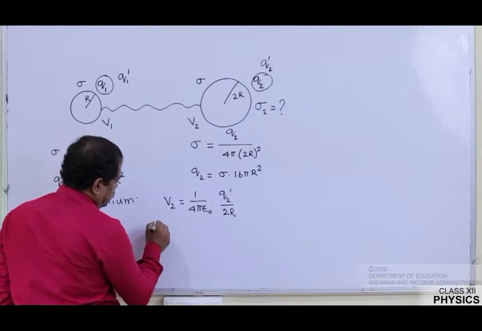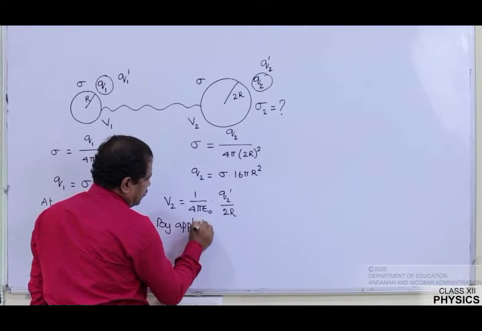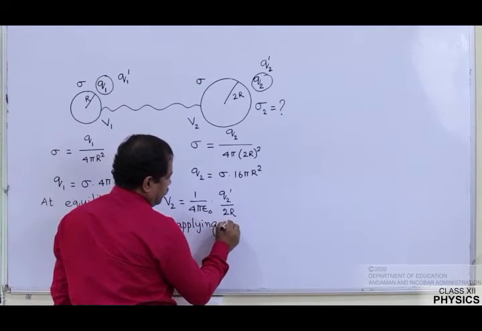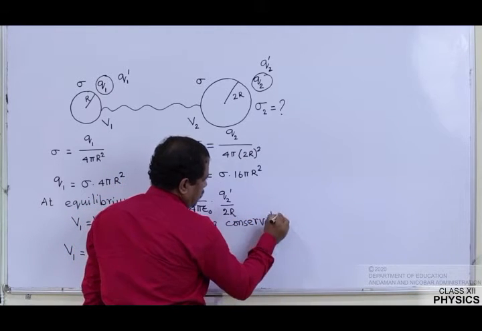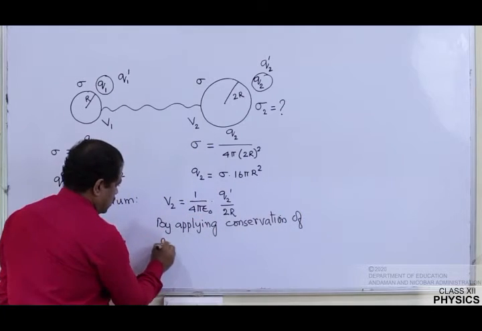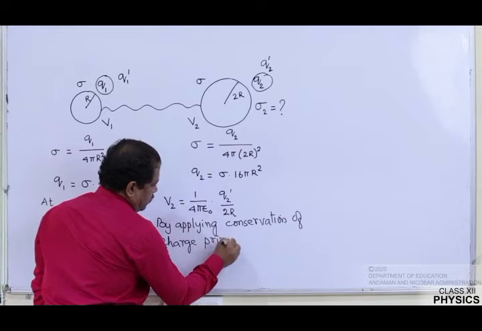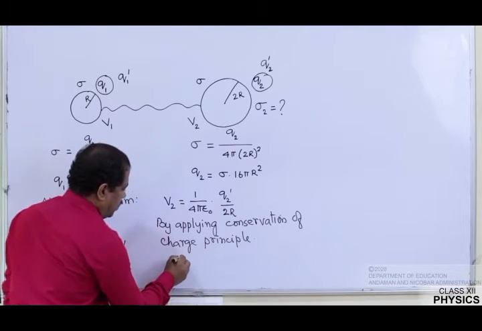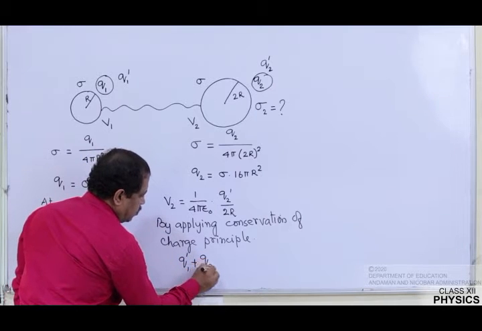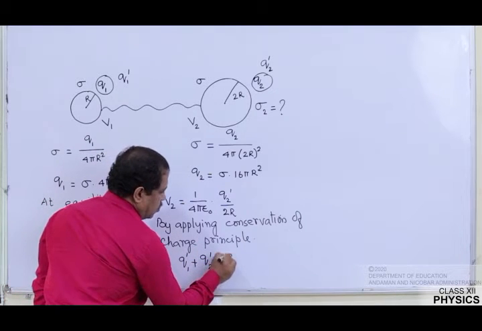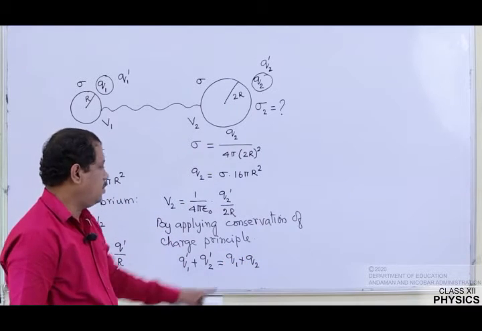That is, by applying the conservation of charge principle, we have total charge after sharing q1 dash plus q2 dash equal to q1 plus q2, because charges can neither be created nor be destroyed.